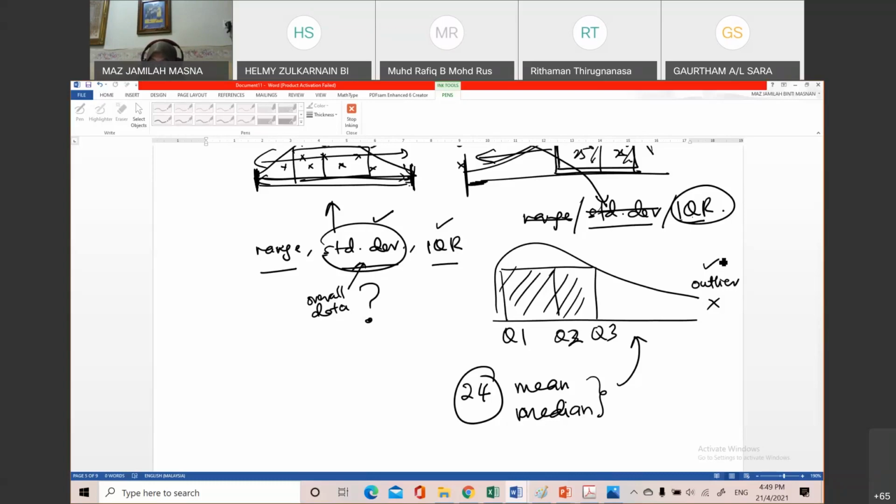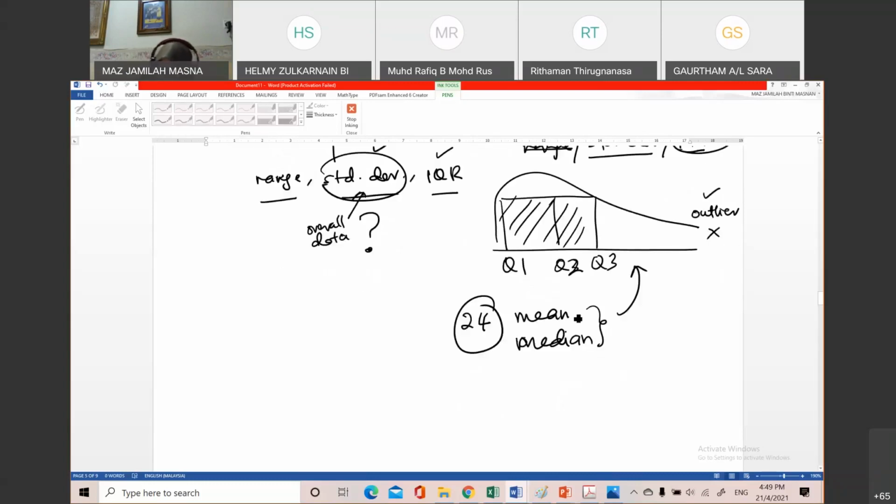But if you are talking about mean, mode, median, what happened, class? Mean will always consider summing all the xi divided by n. So if your xi contain an outlier, this will be affected. But median will not be affected. Why?